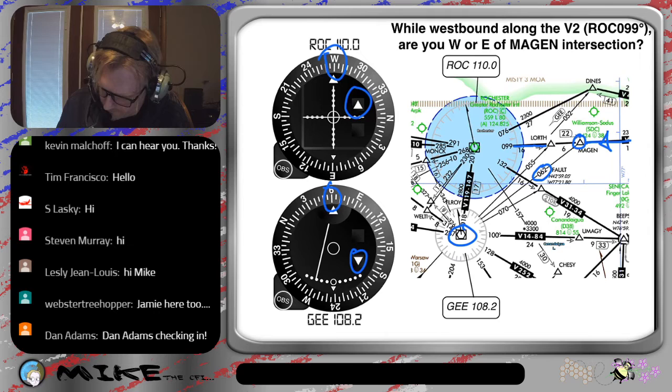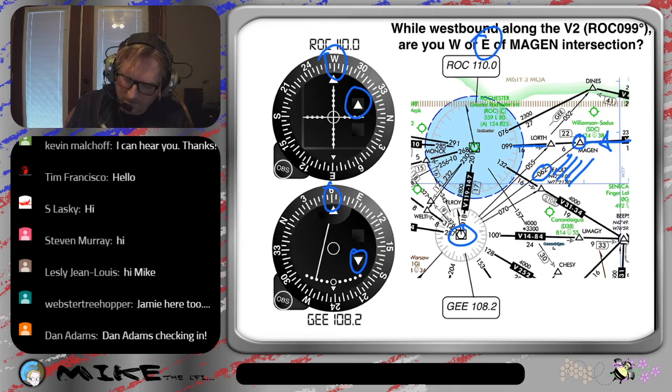And if we were going outbound on that 062, and we had to go to the left to get on course, that would mean that we are somewhere over here, which means that we are still east of Megan intersection. Again, even when you're trying to determine your position relative to something, the easiest thing to do is just pretend in your head that you're going whatever direction you have shown up there, and try to visualize that on your chart.